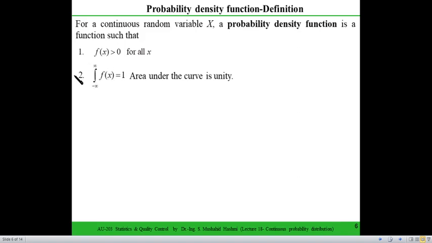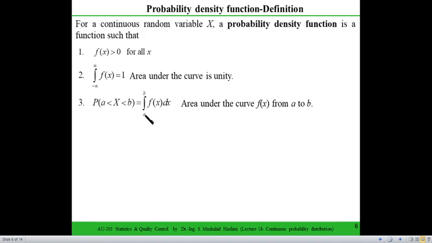Once it is continuous, we represent it by area under the curve, and for a valid probability density function, if x is a continuous random variable, then the area of the integral must come out to be 1.